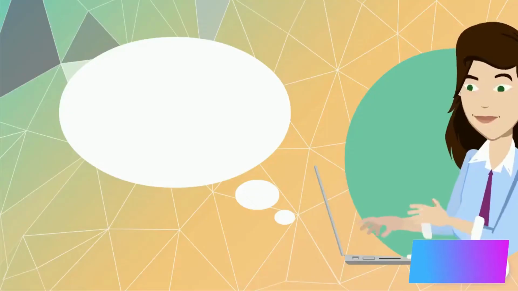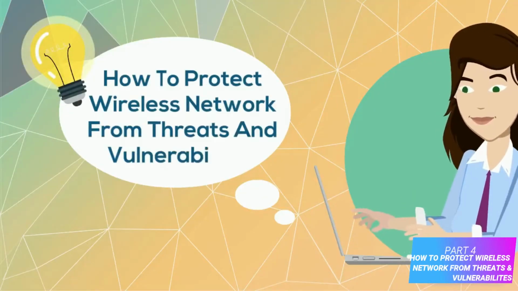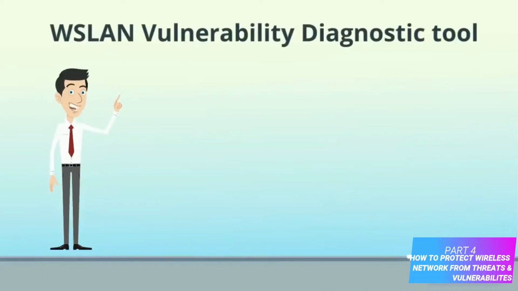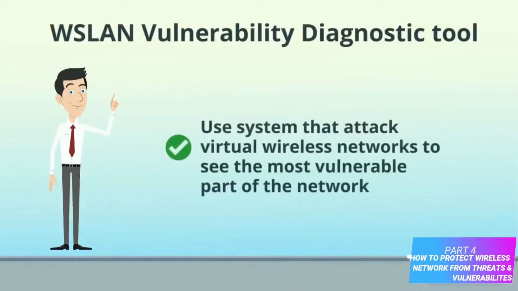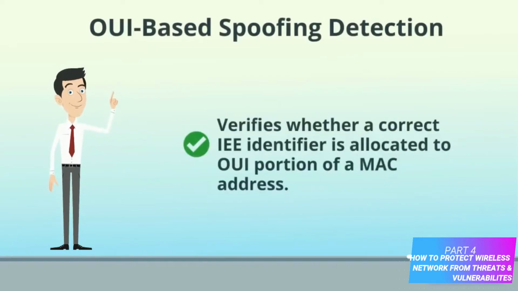Part 4. How to protect wireless network from threats and vulnerabilities. ZLAN Vulnerability Diagnostic Tool. Use systems that attack virtual wireless networks to see the most vulnerable part of the network. Web-based spoofing detection. Verifies whether a correct IEEE identifier is allocated to the Web portion of a MAC address.